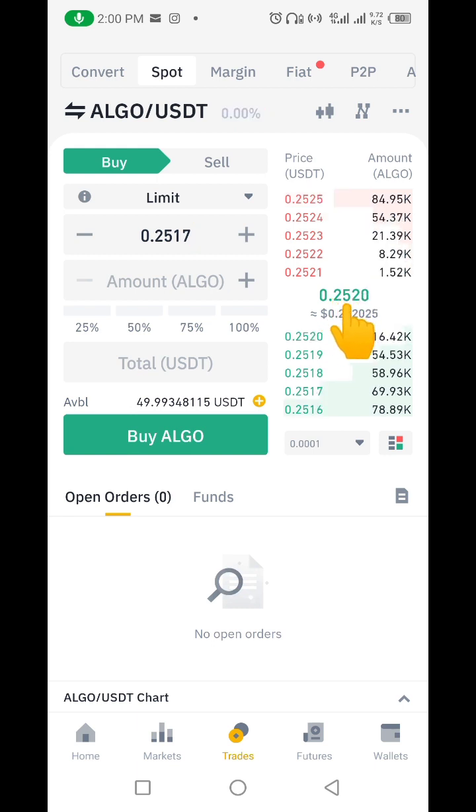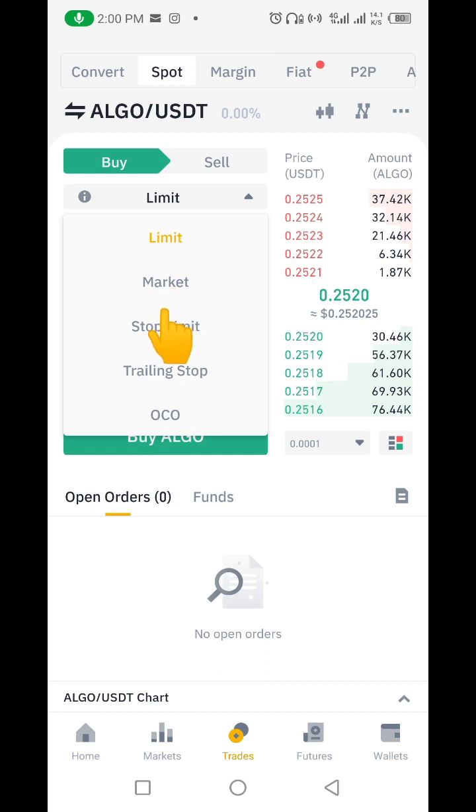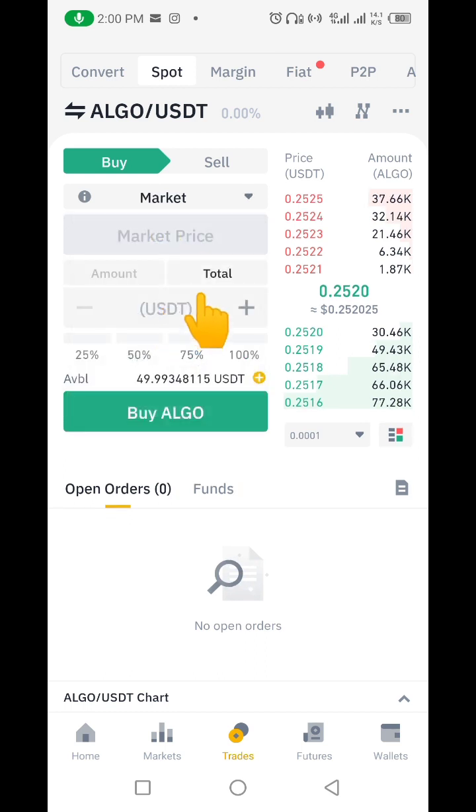So if you want to do that, you have to come to market here and put it on market. If you're buying, it will be at this particular price. Let's assume I have like 50 USDT here, and I want to buy this with half of my funds on Binance. That will be 50%, so I'm going to click on this 50% here. If I go ahead and buy ALGO, it means I'll be buying ALGO worth $24.9.